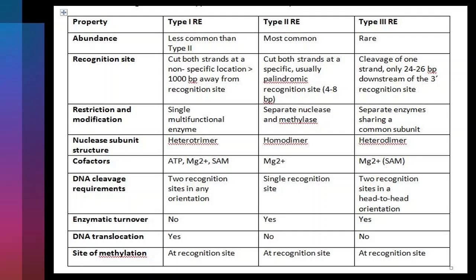Nuclease subunit structure is heterodimer. Cofactors are Mg2+. DNA cleavage requires two recognition sites in a head-to-head orientation, and these have enzymatic turnover. DNA translocation is absent. Site of methylation is at the recognition site.